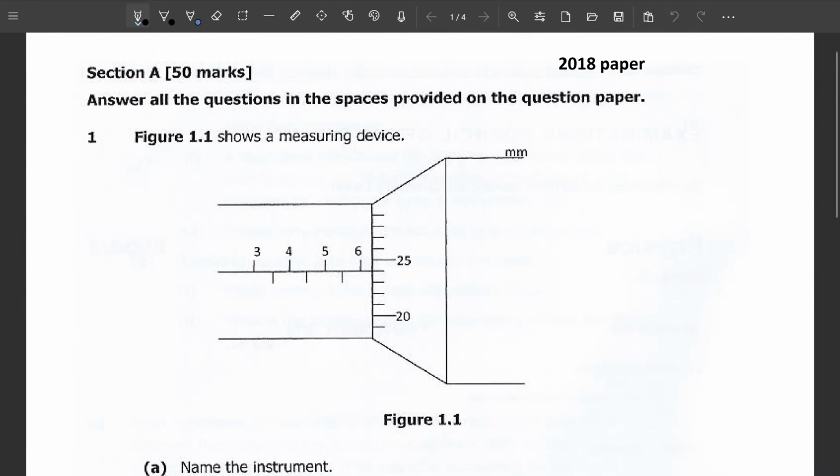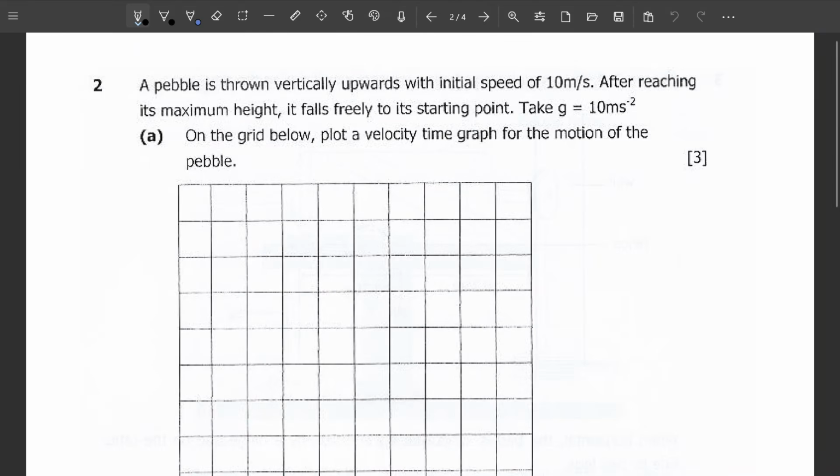Then let's move to another question. So the next question says a pebble is thrown vertically upwards with initial speed of 10 meters per second. After reaching its maximum height, it falls freely to its starting point.